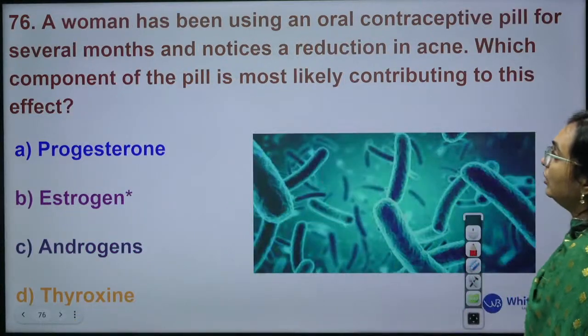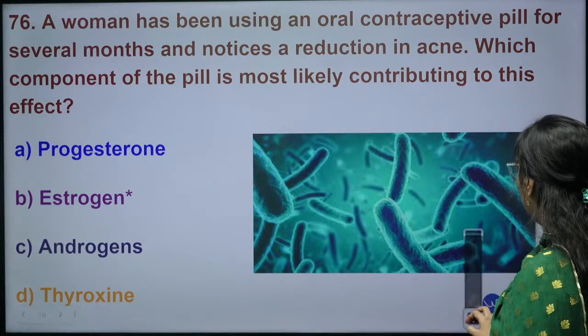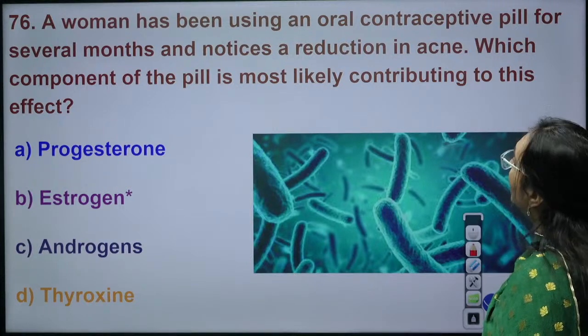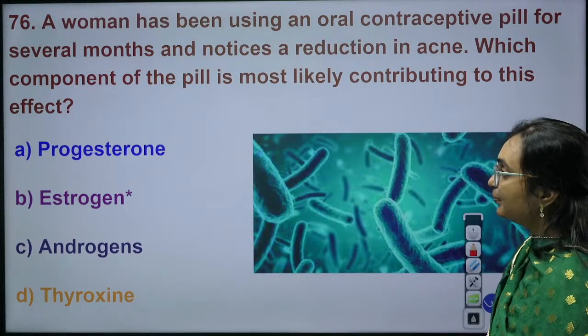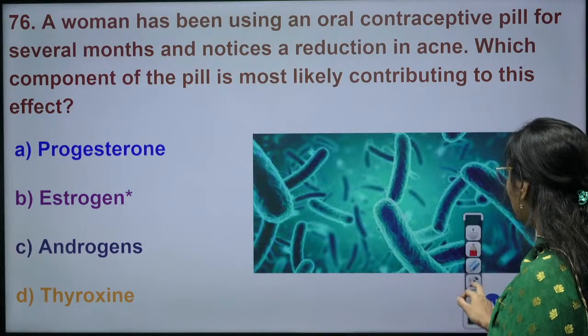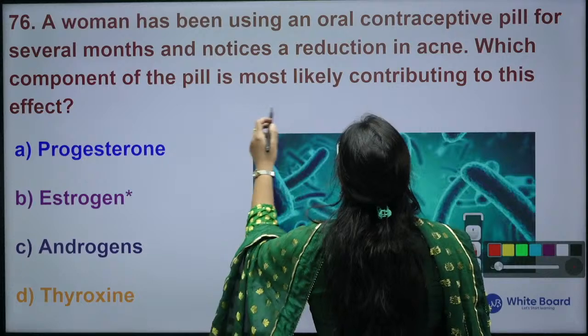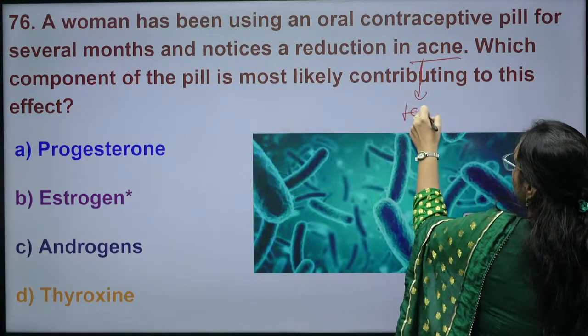A woman has been using an oral contraceptive pill for several months and notices a reduction in acne. Which component of the pill is most likely contributing to this effect? Acne is a pimple condition seen on the face, and it is due to testosterone.